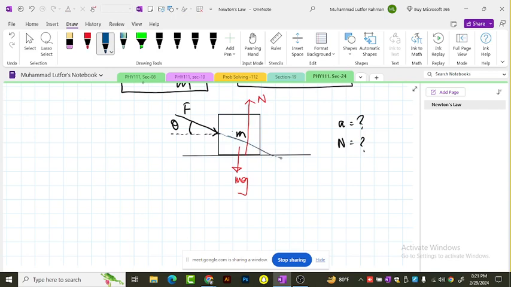This would be the direction of the force. Then I'll find one component of this force towards that direction, and another component towards that direction. This angle is theta, then I can say this angle would also be theta. Can I say that?